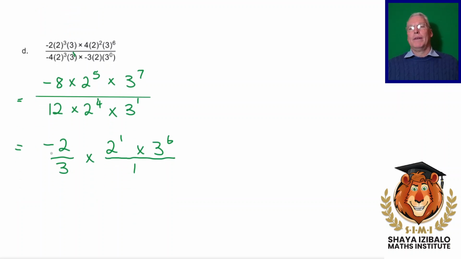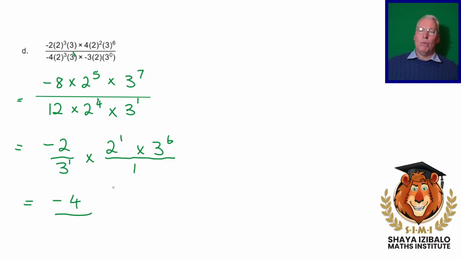Okay, now negative 2 times 2, negative 4, and 3 to the 6 divided by 3. What power is on that 3? 1. What do we do when we divide and our bases are the same? We subtract the powers and we get 3 to the power of 5. Okay.